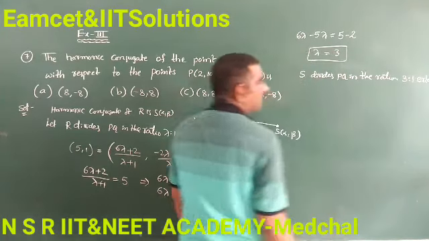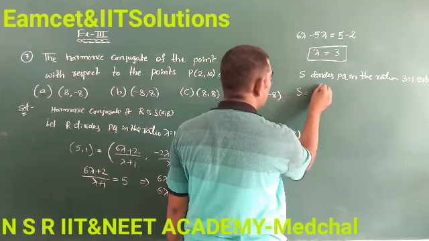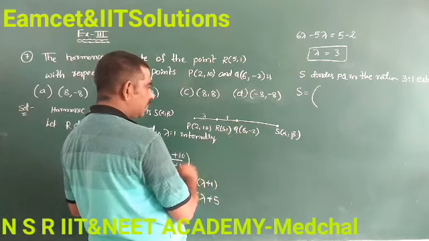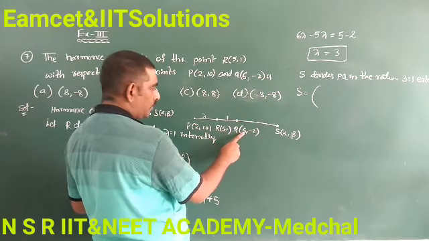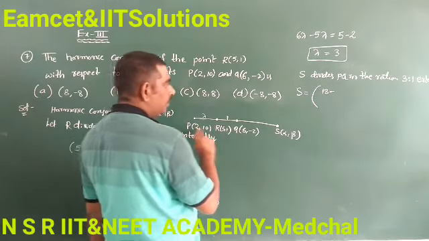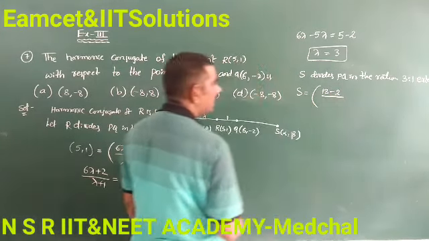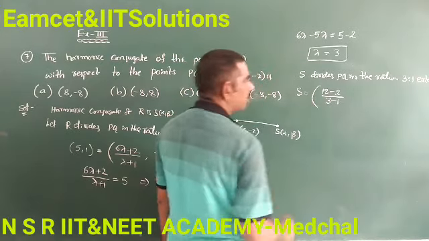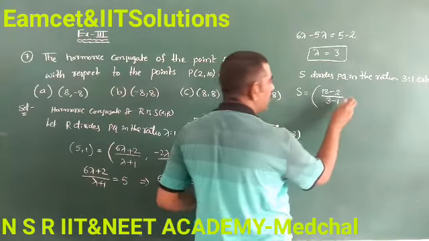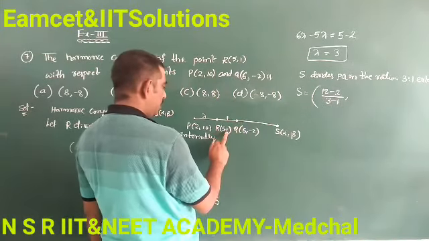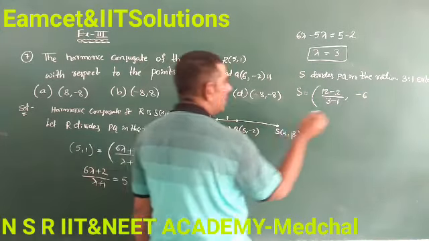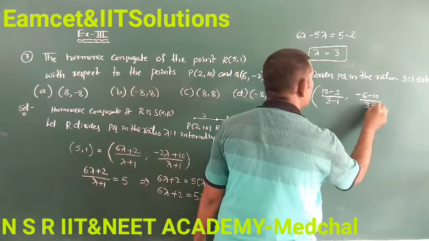So S is equal to, same formula, ratio 3:1, apply the external formula: (mx2 minus nx1) by (m minus n). So 3 into 6 is 18 minus 1 into 2, by 3 minus 1. Similarly (my2 minus ny1): 3 into minus 2 minus 6, next 1 into 10, minus 10, by 3 minus 1.